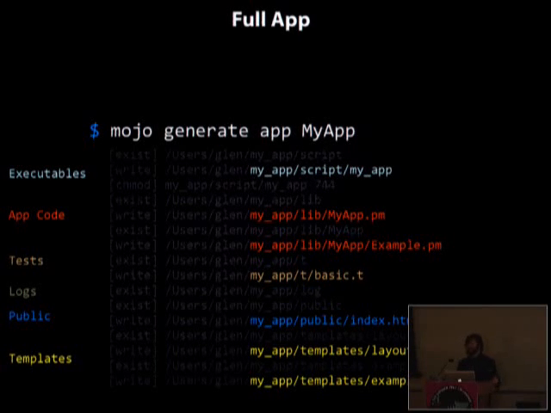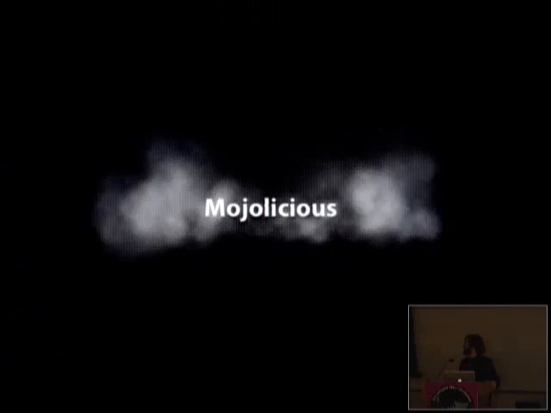Now, I'm not going to go too deeply into full apps because everything that I'm talking about with Light apps can also be done with Mojolicious full apps. But I really want to drive in the point that you have the foundation of Mojolicious. And then on top of that, you like that? I did that for you.